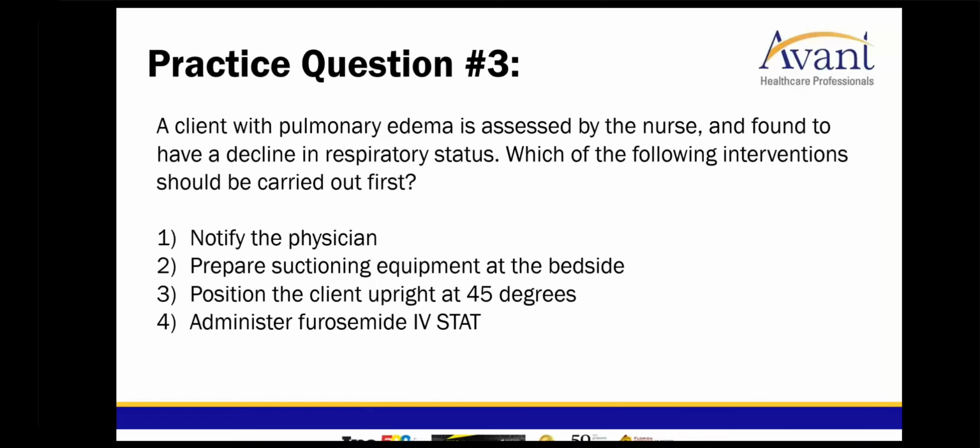Number 2, prepare suctioning equipment at the bedside. 3, position the client upright at 45 degrees. And 4, administer furosemide, IV stat. Go ahead and pause the video and think through the question and write down your answers.